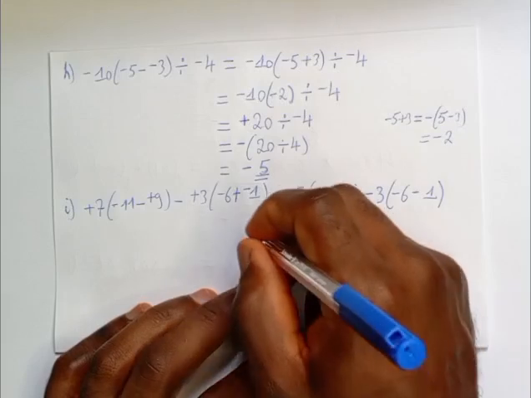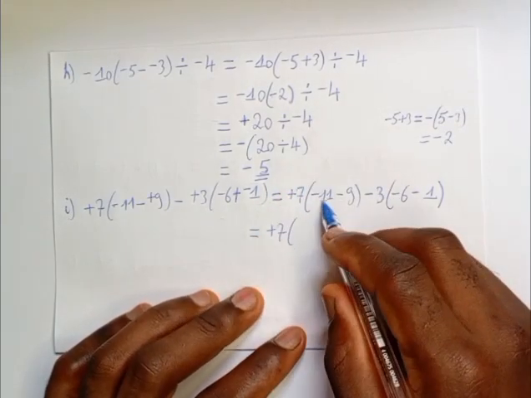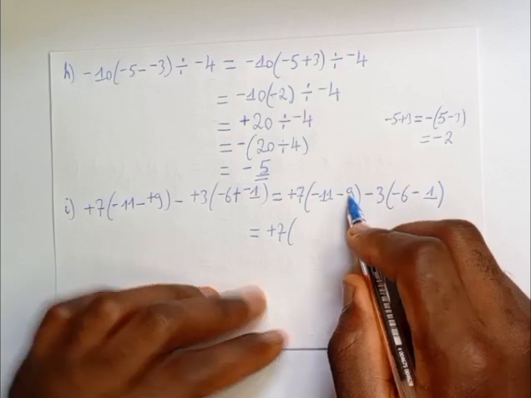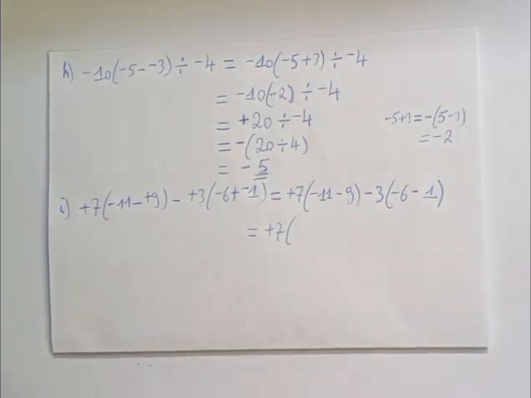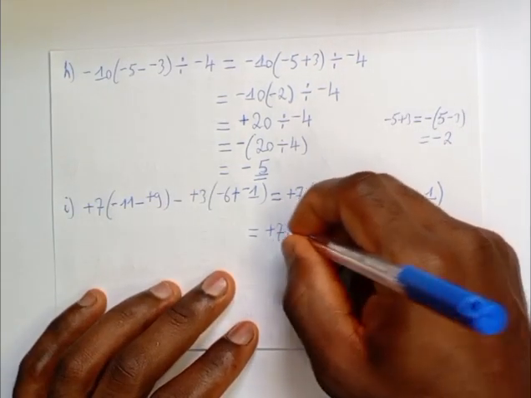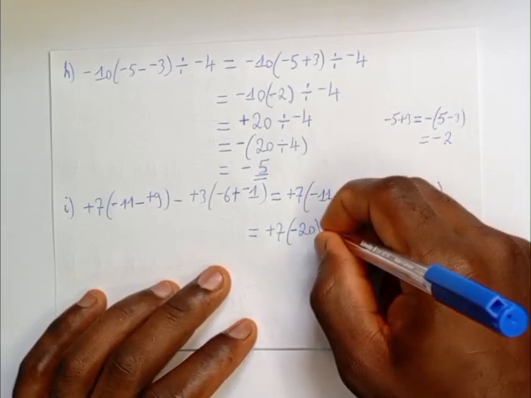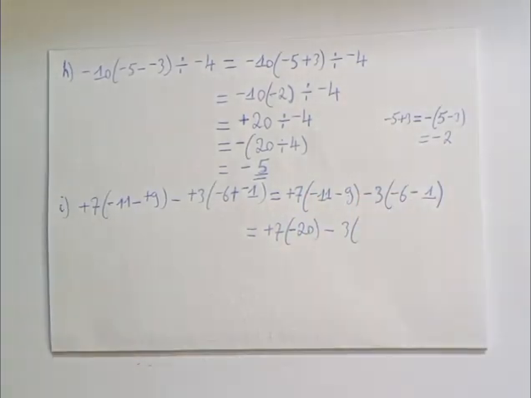Close our brackets. This will be equal to positive 7 times negative 11 minus 9. They have a common sign which is negative. We are simply going to add the absolute values, 11 plus 9, which is 20. And we attach the common sign, the negative sign, negative 20, minus 3 times negative 6 minus 1.